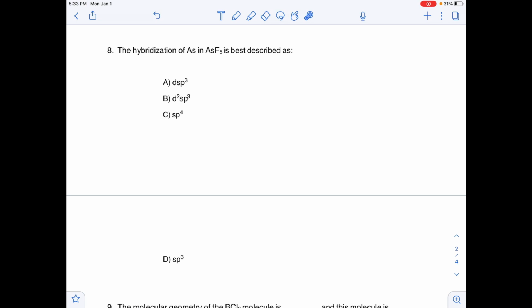For question 8, it says the hybridization of As in AsF5 is best described as what? We have to draw the Lewis structure to determine this. As is the middle, and there are 5 fluorines coming off of the As, and they all have 8 electrons, so they're all full.